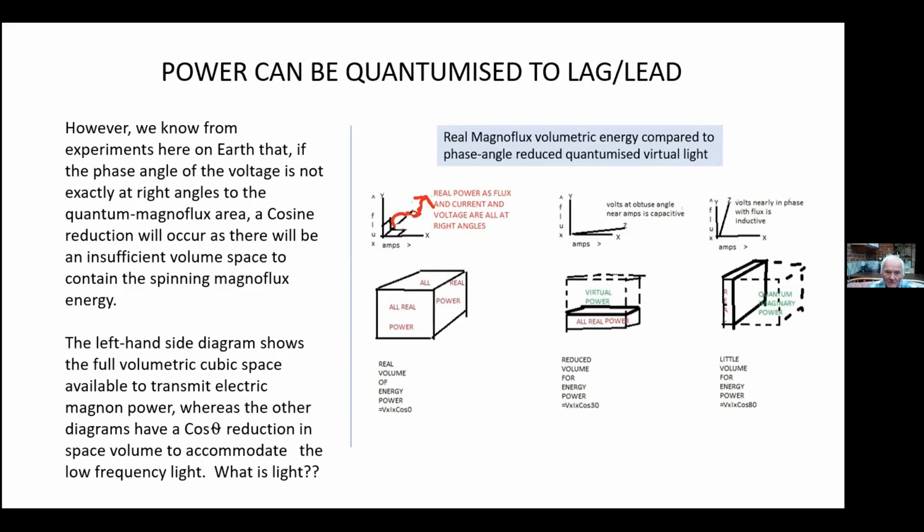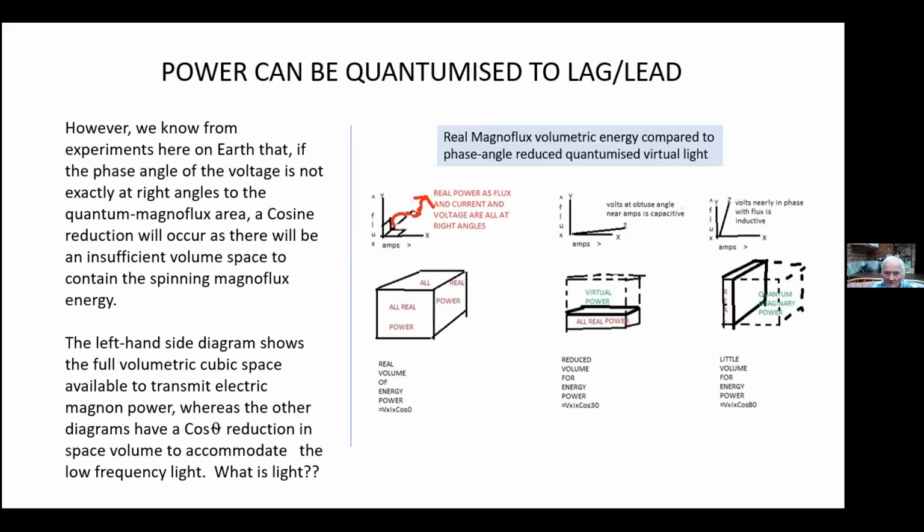Looking at the drawing, you can see on the left-hand side the full volumetric cubic space available to transmit the magnon energy, which I've drawn as a square, and that can all move forward at the speed of light. But looking at the one in the middle and the one on the far right, you can see the diagram has a cosine reduction in this space volume to accommodate the low frequency light.